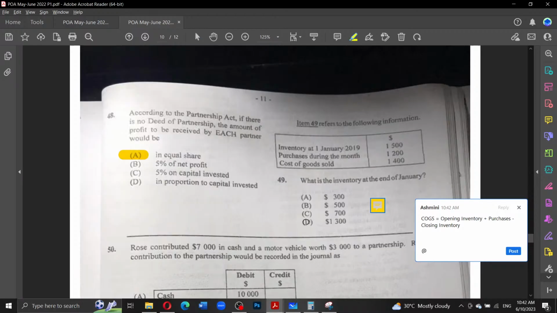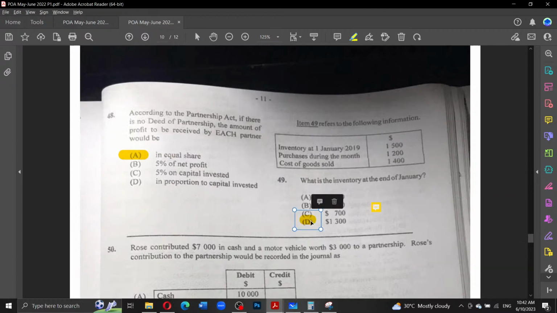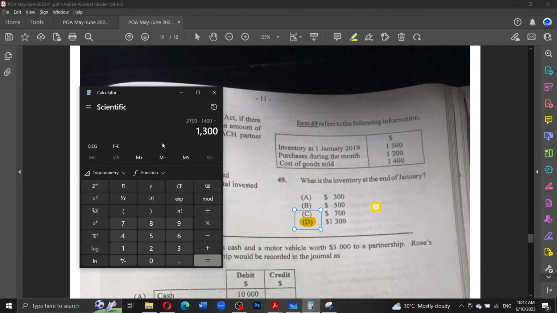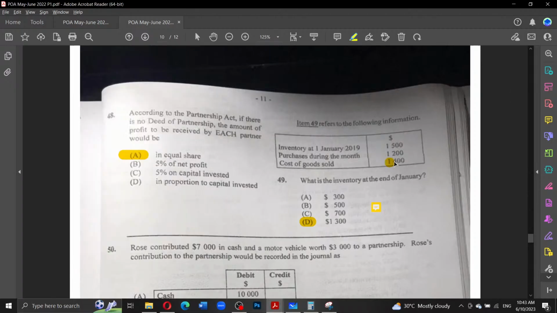So if you were to use the formula, we have 2700 for opening inventory and purchases. Input this 1300, then the cost of goods sold is 1400, and that is right here. So this here is correct.